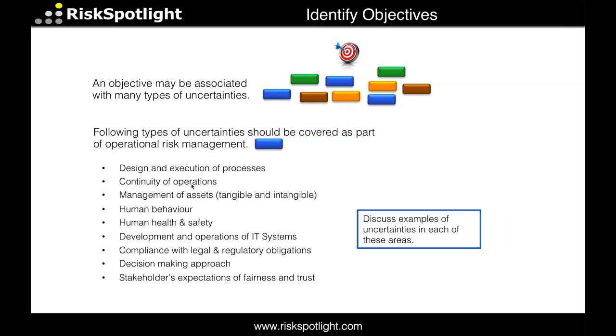Then let's go to the next one, human behavior. So what could be some uncertainties around human behavior? So fraud, yeah, is a good example where somebody, whether senior executive or junior employee, may want to commit fraud for personal advantage. There are mistakes, yeah, because humans can make mistakes, so there is an element of human error.